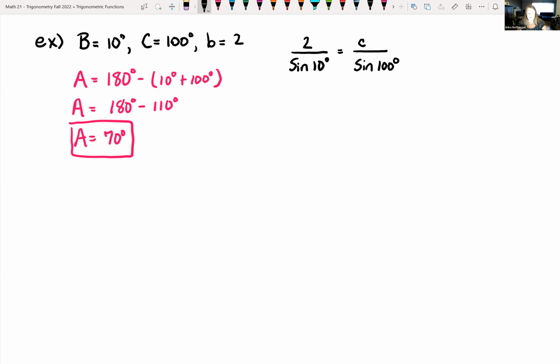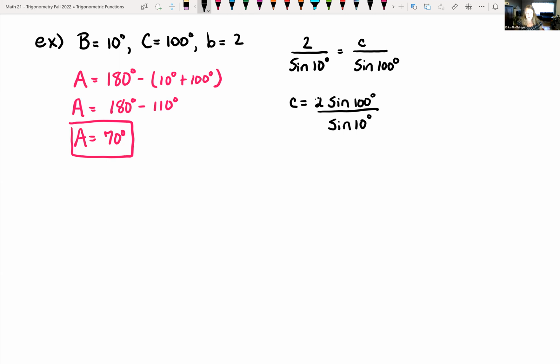Let's isolate side C by itself. We can do that by multiplying both sides of our equation by sine of 100 degrees. On the one side, the sine of 100 degrees is going to cancel, leaving us with just C. So C is equal to 2 times sine of 100 degrees, all divided by sine of 10 degrees.